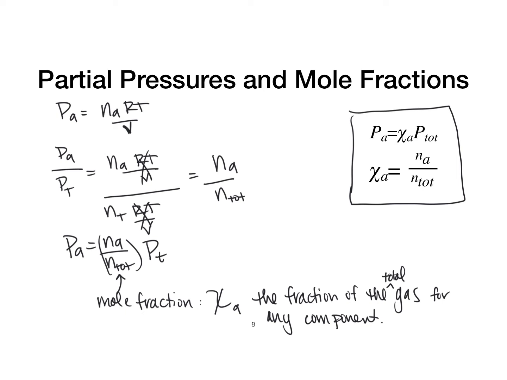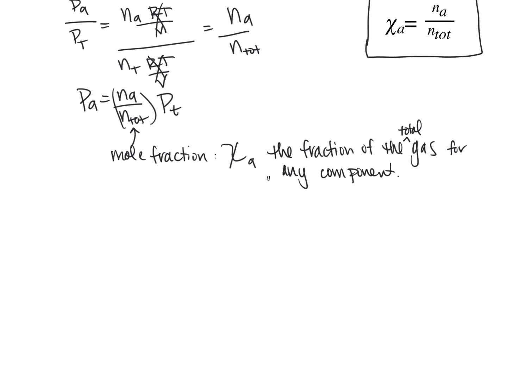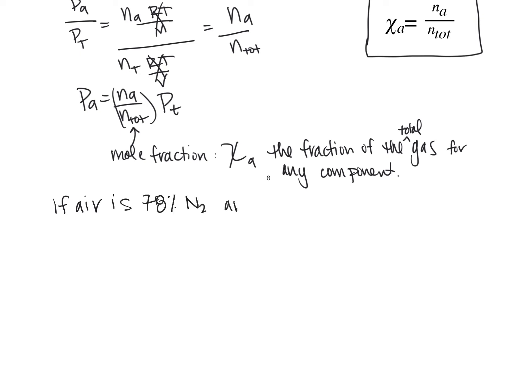So these calculations can be quite long when we start to think about this. So let's look at some examples for the partial pressure and the mole fraction. So the first thing we're going to think about is if air is 78% nitrogen gas and 21% oxygen gas.